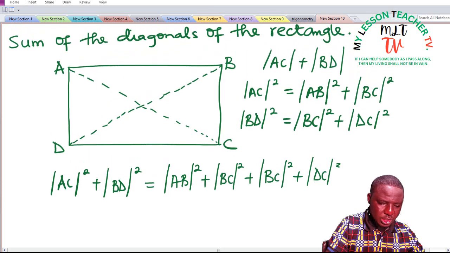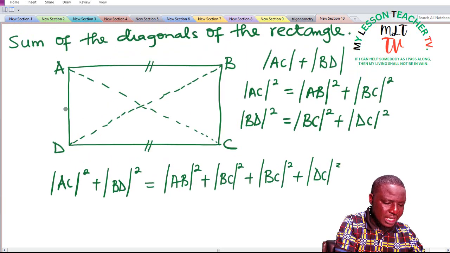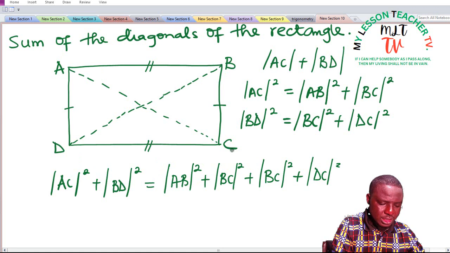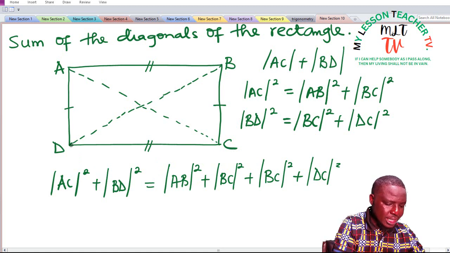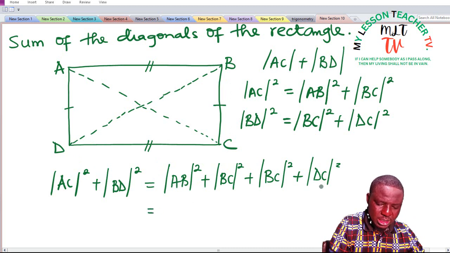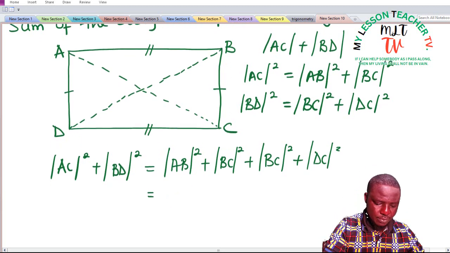But if you look at it, you will agree with me that in a rectangle, opposite sides are equal. So it means that AB is equal to DC and side AD is equal to side BC. Since AB is equal to DC, I can write DC as AB and it will still be the same.